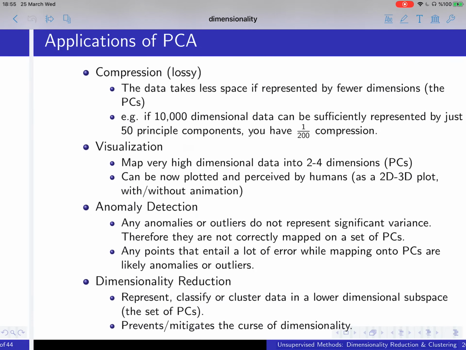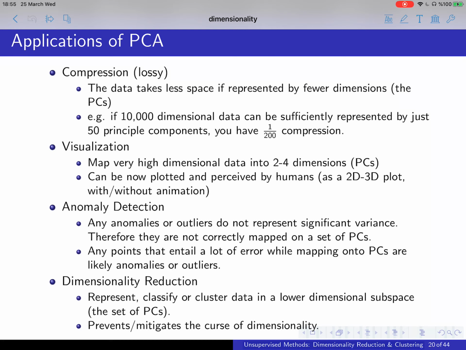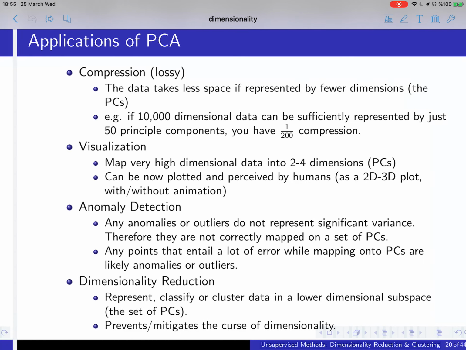And we talked about the applications of PCA. We actually looked at a few examples on Jupyter in class. But one very obvious use case is compression.